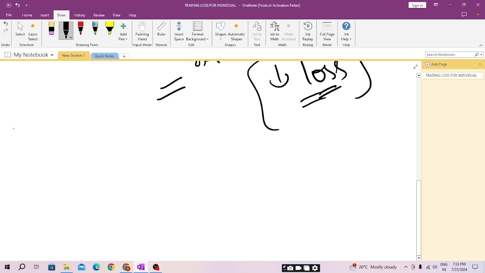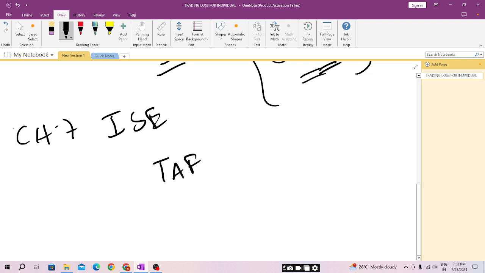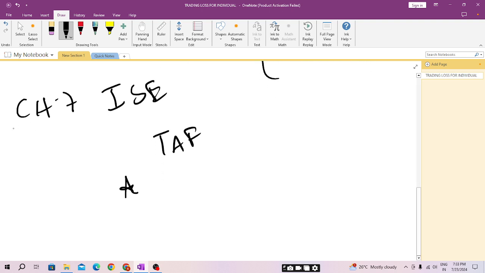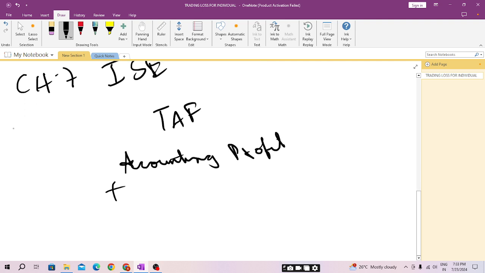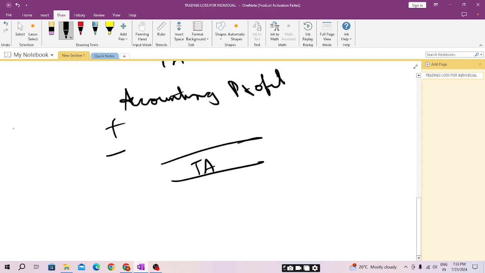Now students, when we started with chapter number 7, income from self-employment, we learned to calculate the tax adjusted figure. We were starting with the accounting profits and doing some adjustments so that we arrive at our tax adjusted profit.